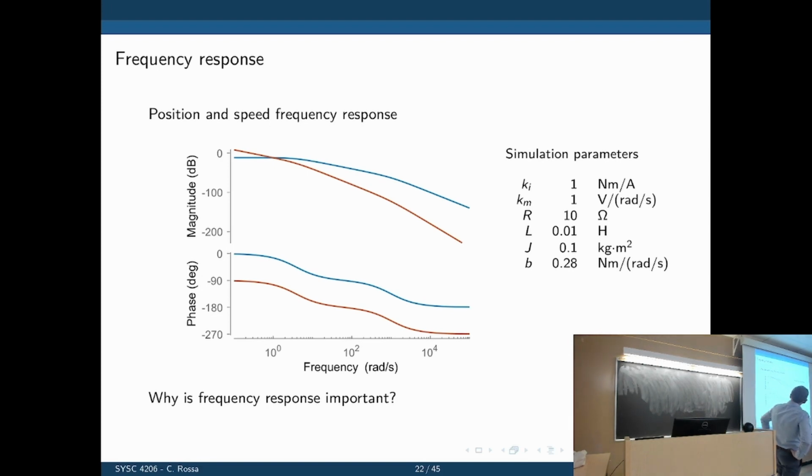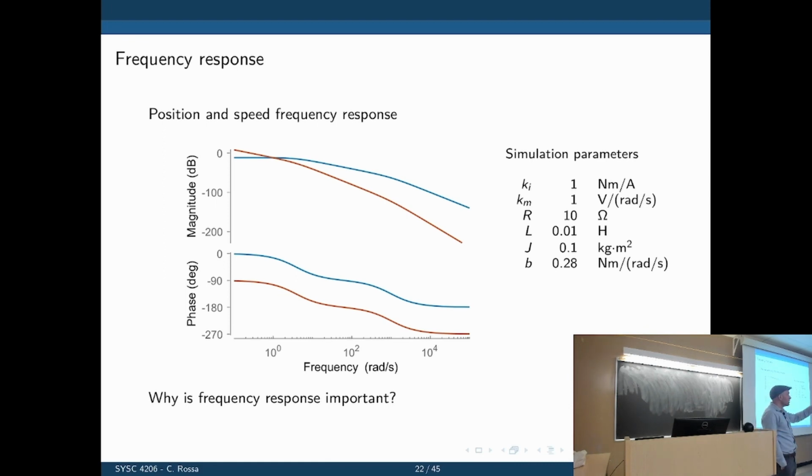So here we have position and speed. Which one is which? What's the difference between position and speed in terms of transfer function? One is divided by s, the integral. What does a pole at the origin do in a bode plot?